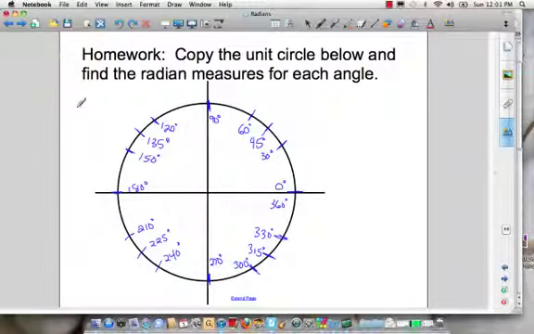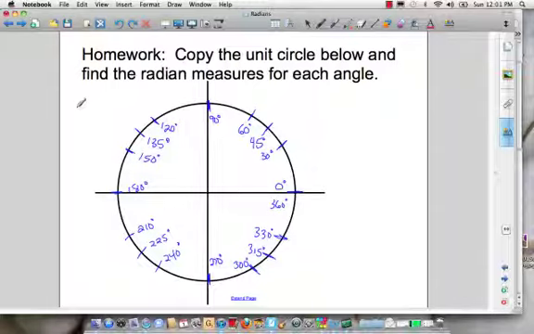For your homework, I want you to copy this unit circle that you see. Unit circle means the radius is 1. And I've labeled several places in blue along with the degree measures. What I want you to do is find the corresponding radian measures, and they're basically going to be in terms of pi.